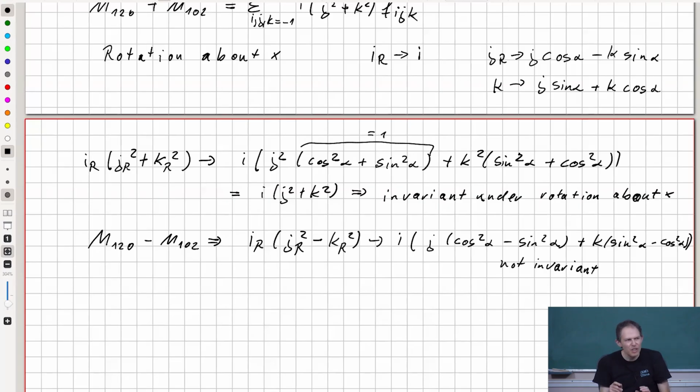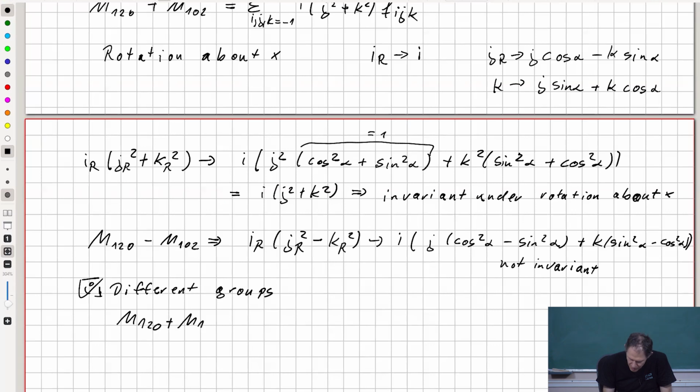Now we have identified that there are two different types of these moments, namely different groups. We have M120 plus M102, of which the first index is the same, right?